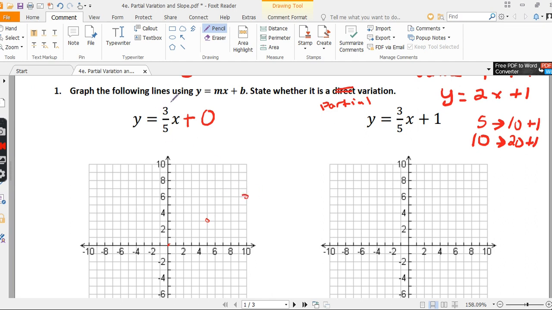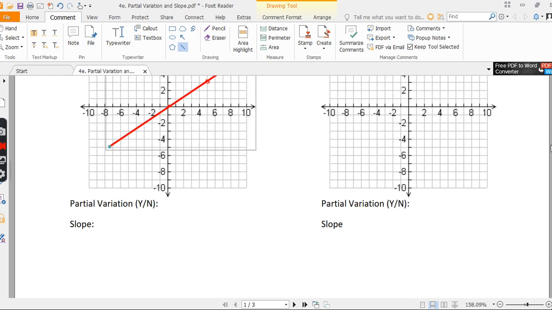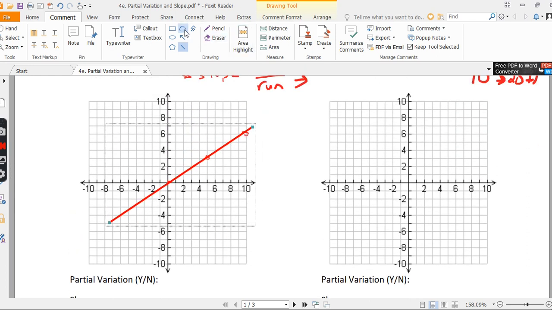Once again, this is my slope, which is my rise over run. So I go up and then across, and here is my line. So I'm going to draw my line. There we go.